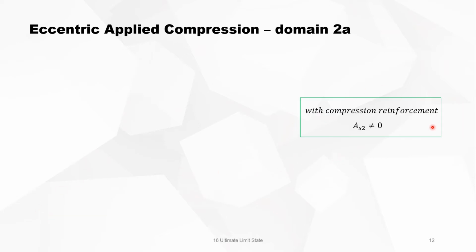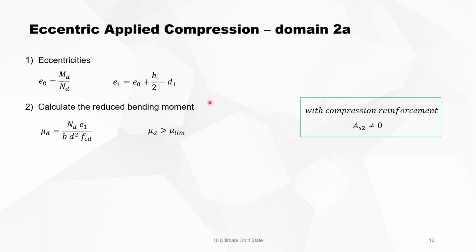If we have compression reinforcement, then the procedure gets a little bit more complicated. You always start with the eccentricities. You calculate the reduced bending moment, but because we are talking about compression reinforcement, we suppose that you need compression reinforcement. That means that mu d must be bigger than a chosen value mu limit.